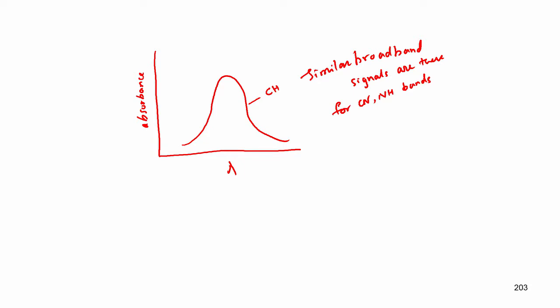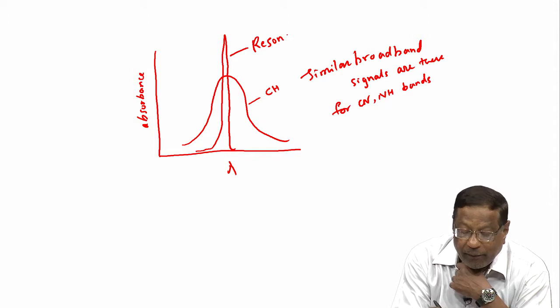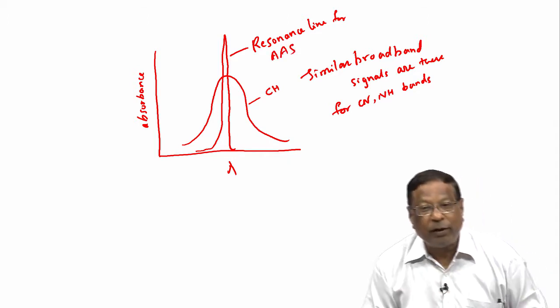Now, consider my resonance line would be something like this. Okay, this is my resonance line for AAS, for atomic absorption.